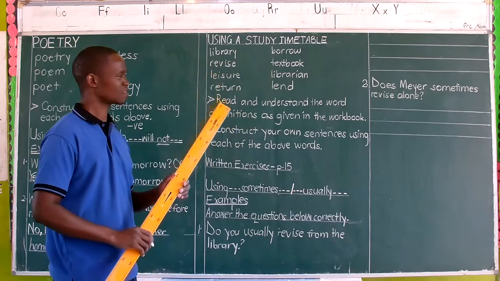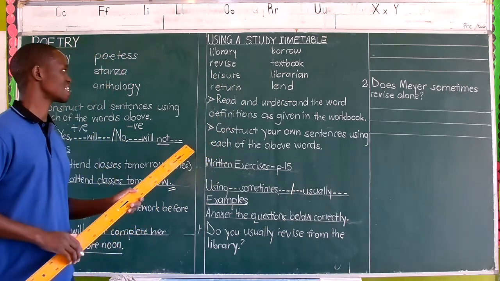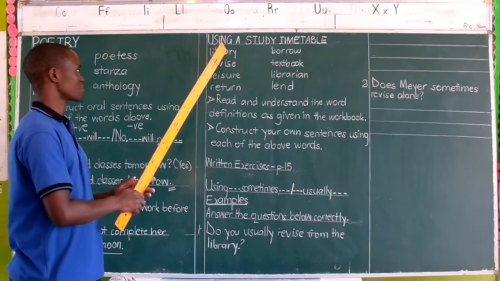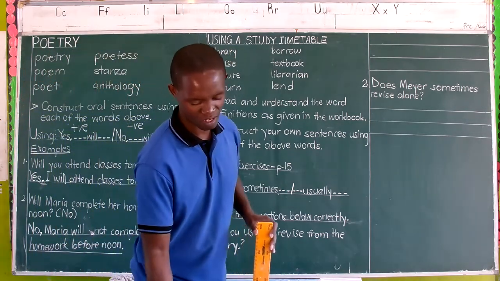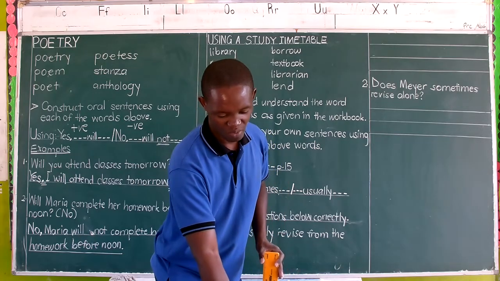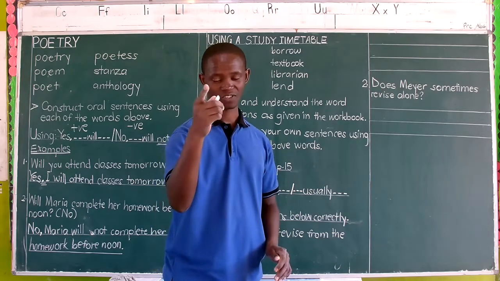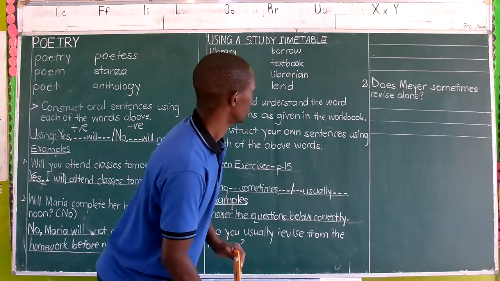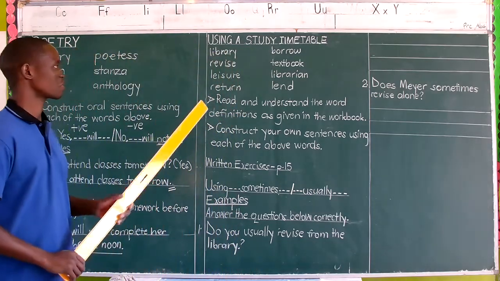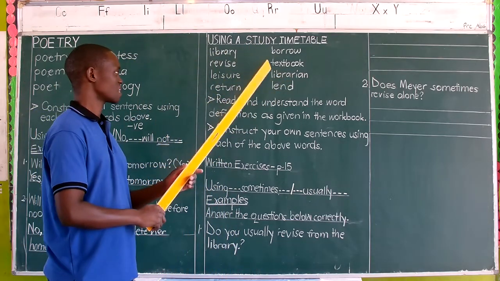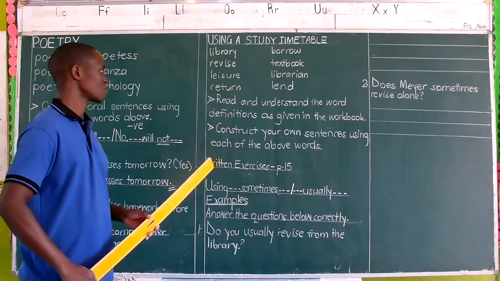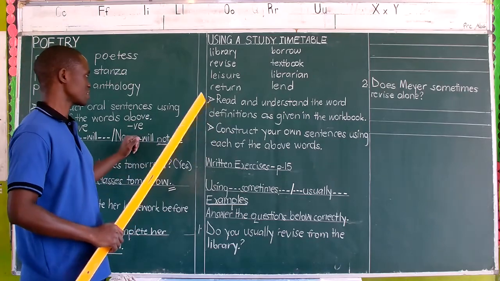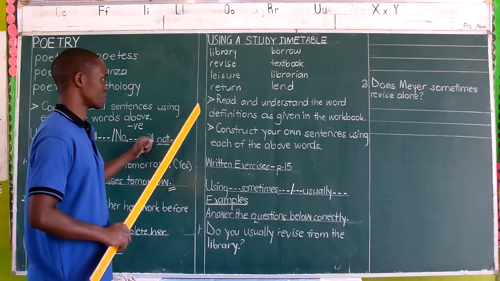A librarian is that person you know who works in a library. Then a library is where books are kept. Normally, most schools in Uganda have places where books are kept, especially textbooks, not exercise books. Textbooks. And who is responsible for those textbooks? The librarian. She's the one who works in that place where books are kept. So librarians work in libraries.